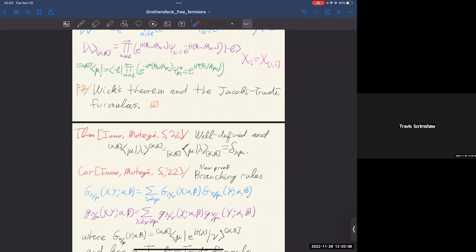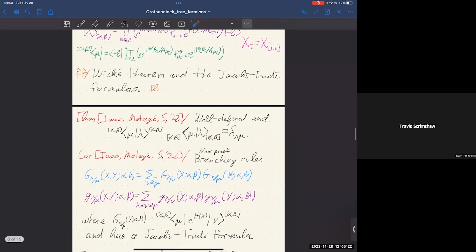And it turns out that these vectors are orthonormal as well. And we get another orthonormal basis for fermionic Fock space, even with these additional parameters.